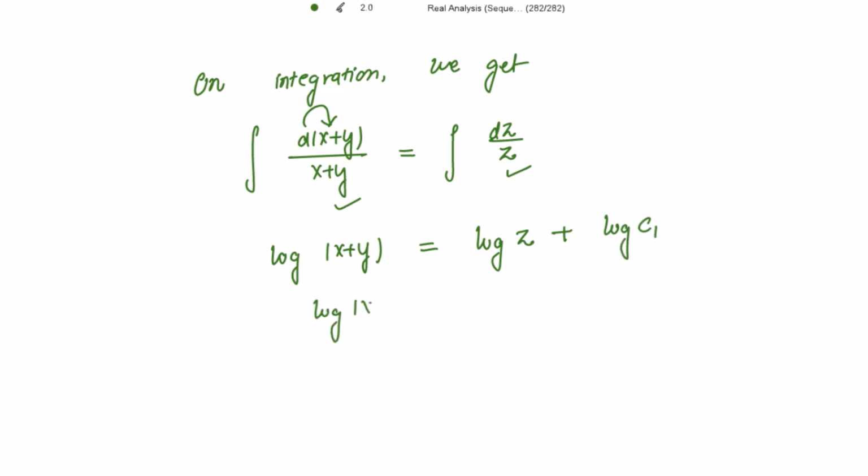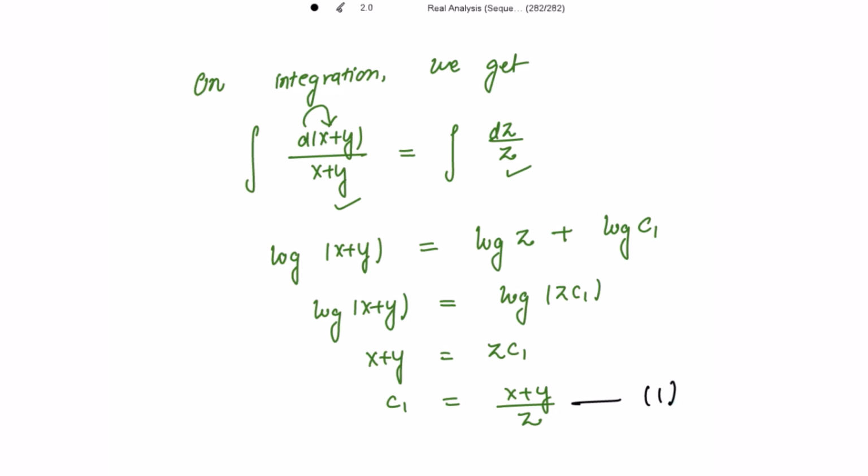So log of x plus y equals log of z c1. That implies x plus y is equal to z c1, and from here we get the value of c1 in terms of x, y, z. Please mark this as 1. So this is your first solution or the first integral curve.